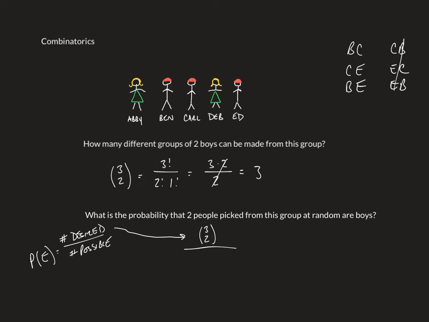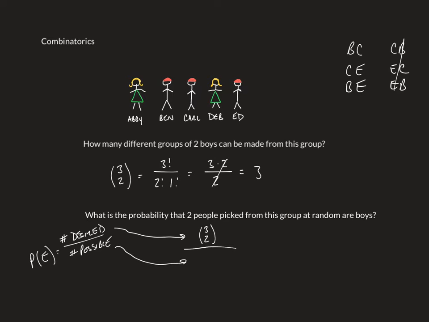Now, it's not as simple as just saying that the answer is that, because we're asking for a probability here. So what is the number of possible things that can happen when you pick 2 people from this group? Well, when I pick the first person, there are 5 people I could choose. And when I pick the second person, there are 4 people I could choose.